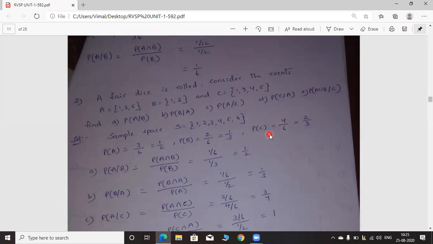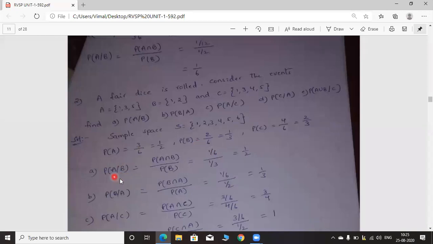So you have to write P of C is equal to 4 by 6. 4 by 6 is equal to 2 by 3. Okay. So for the 3 events A, B, C, we have calculated the corresponding probabilities: probability of A, probability of B, probability of C.